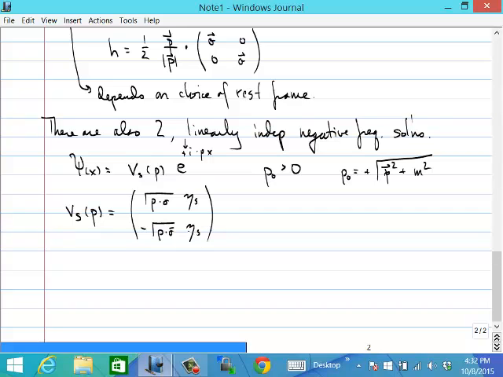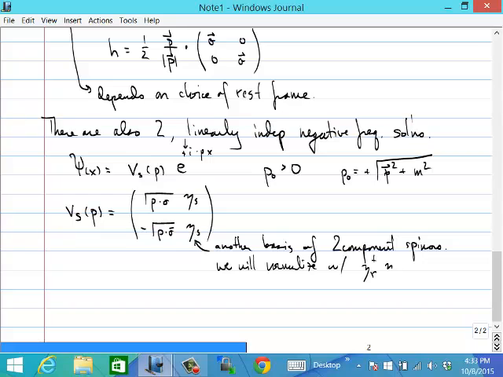So this is another set of solutions to the Dirac equation. And here eta sub s is another basis of two-component spinors, which again we will normalize so that they are orthonormal, just as the zetas were.